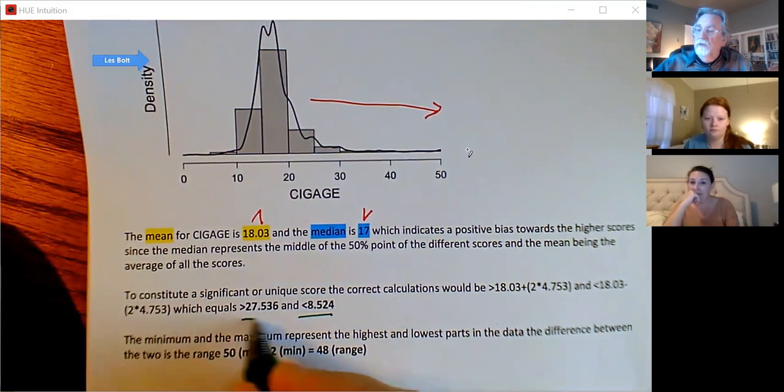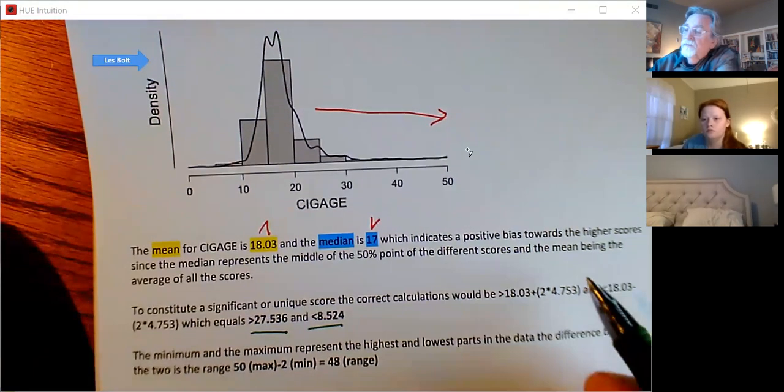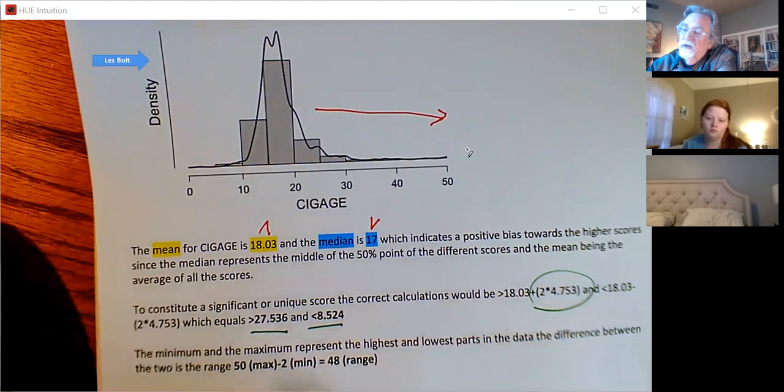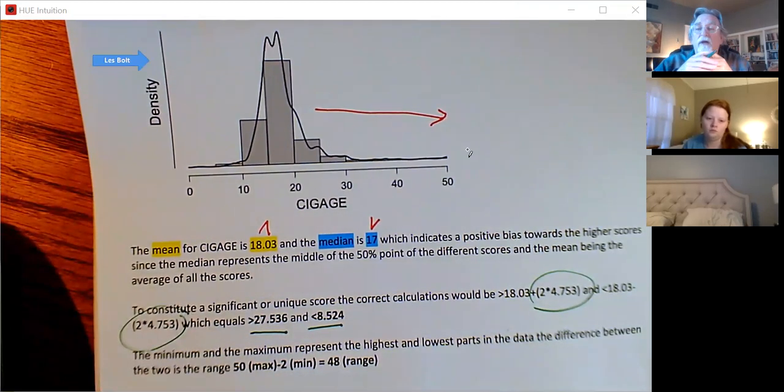And if anybody was older than 27 and a half when they started smoking, they would be significantly older than the group. But that was defined by 2 standard deviations above the mean, or 2 standard deviations below the mean. And that defines the middle 95%, or defines the boundaries at which anything below or above is considered to be significant.